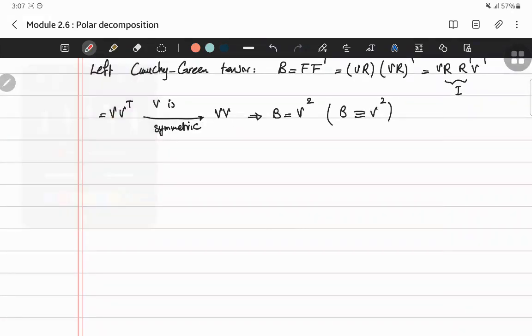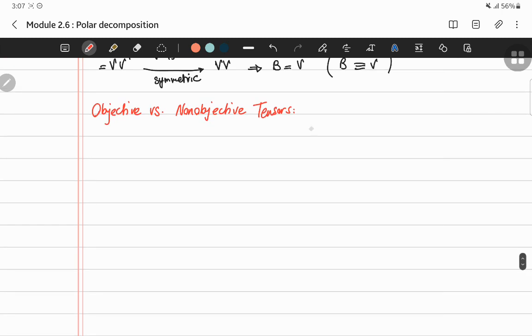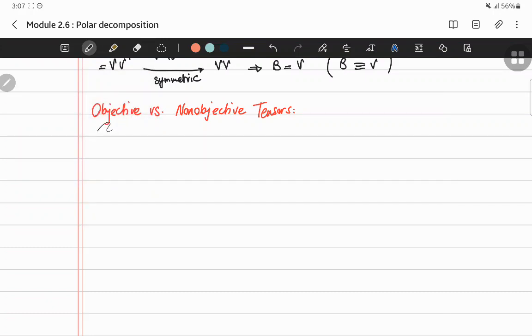Yes, we have to get to a topic of objective versus non-objective quantities or tensors here, because we're dealing with tensors. And basically, this is the topic from part C of chapter 5 of the book.